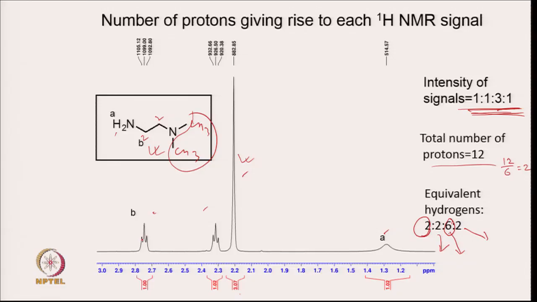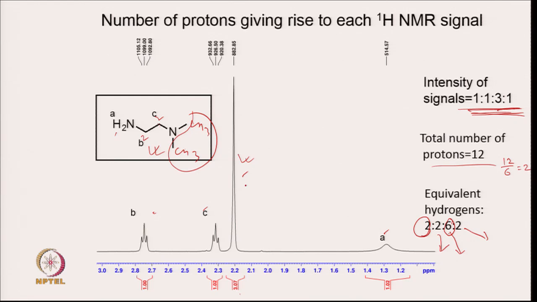This B is going to be most upfield, since this proton is attached to an electronegative atom N. So, B will be this, C will be this one, since this is the proton attached to this carbon, and the carbon is attached to the N(CH3)2 group, which is less electronegative than the NH2 group, because this N is attached to electron donating groups. So, N(CH3)2 is less electronegative than NH2, and hence the second will come at this position.